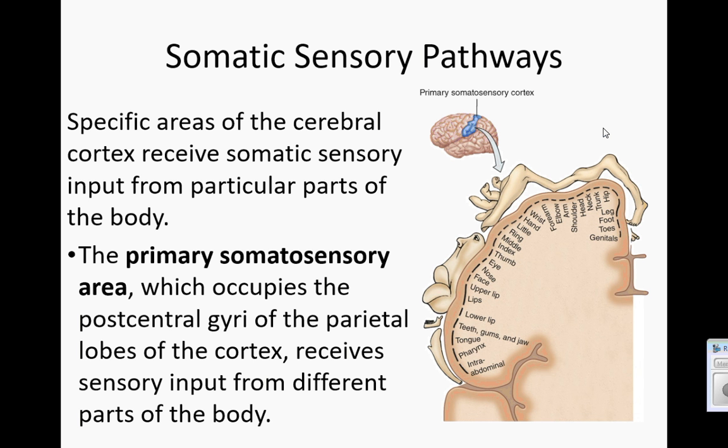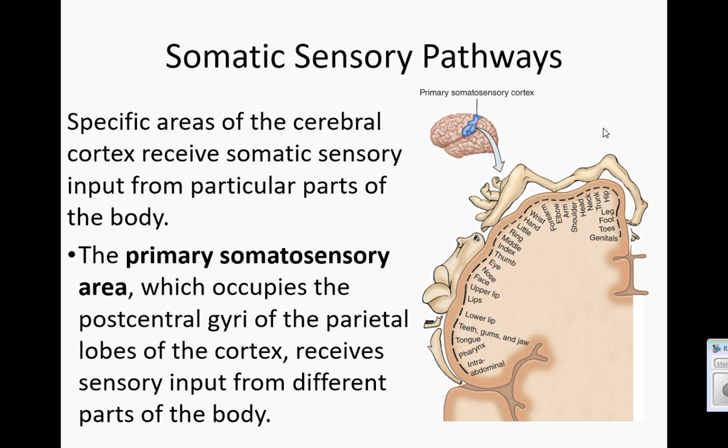Places that are a lot less sensitive probably don't make up as big a space. This is cool because this is what allows us to know if the signal is coming from our fingertip or the back of the elbow or our face. So this interprets the signal, which could be pressure here, there, wherever, and enables us to know exactly where it's coming from.